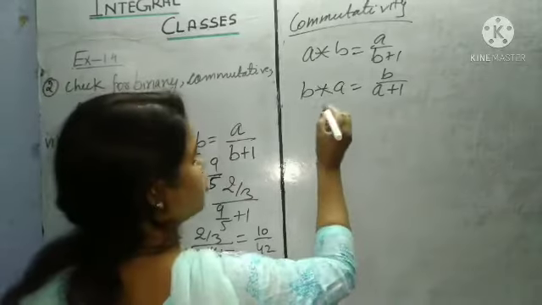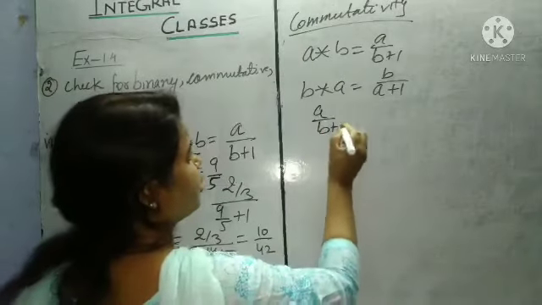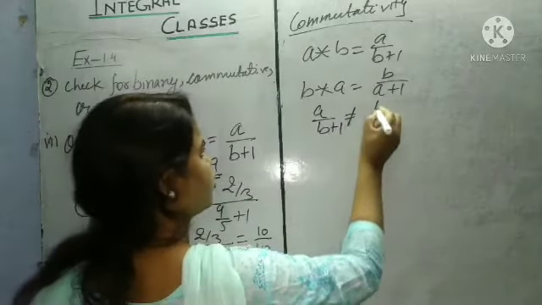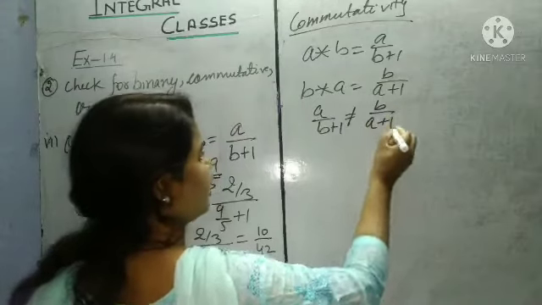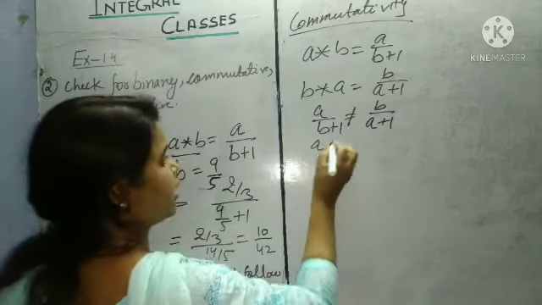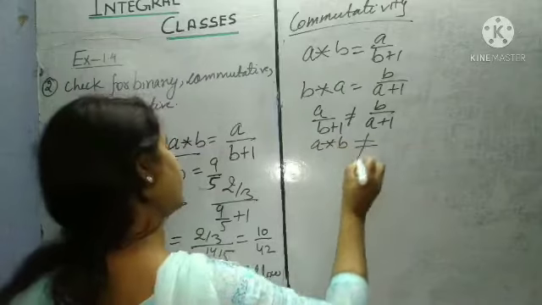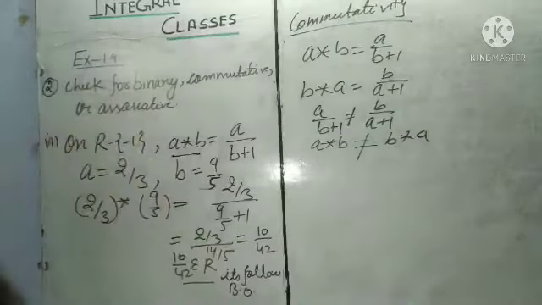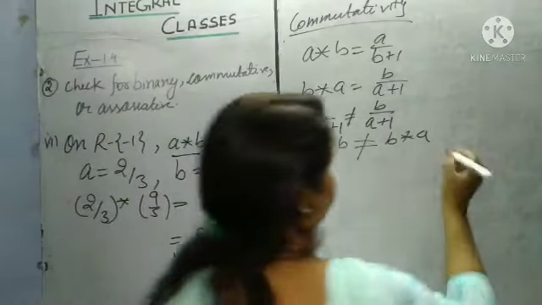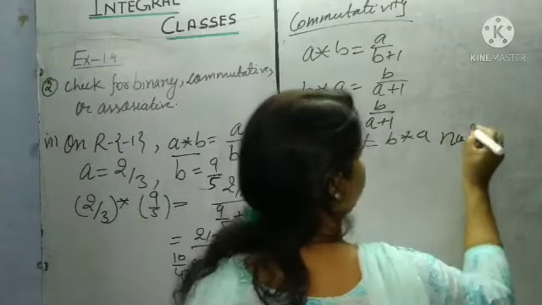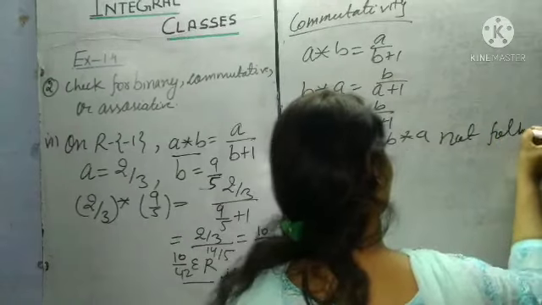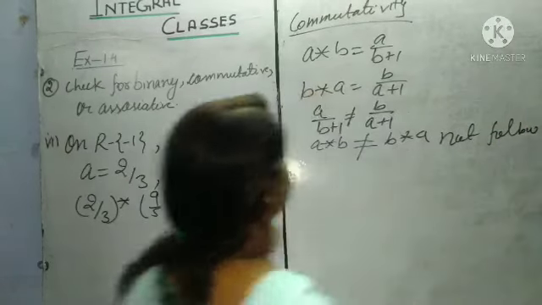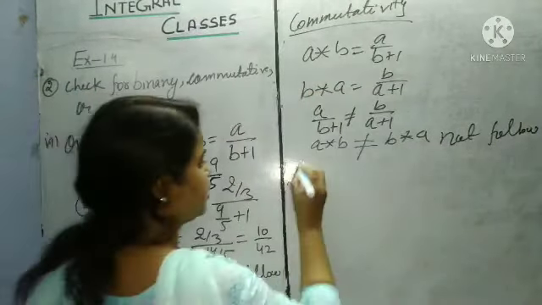No. So A upon B plus 1 is not equal to B upon A plus 1. So A star B is not equal to B star A. It means it does not follow commutativity.